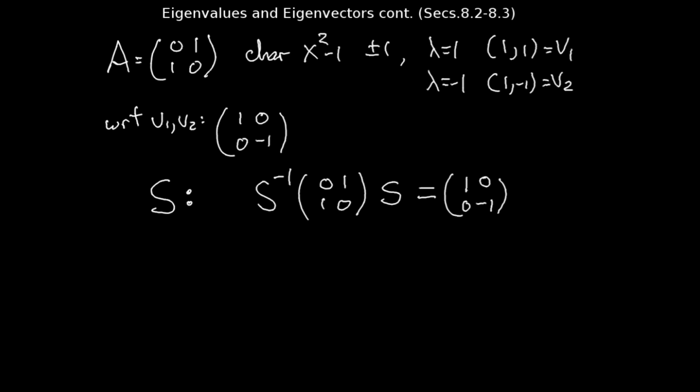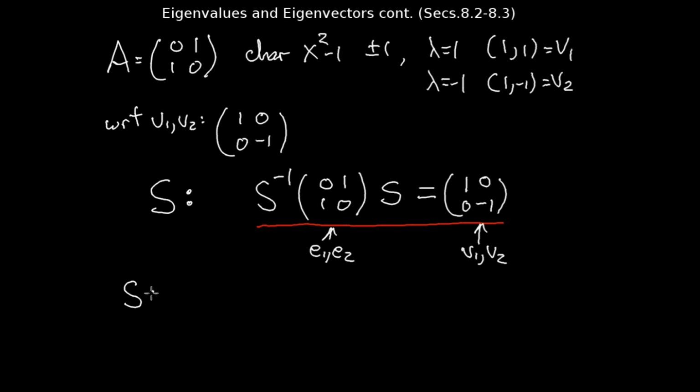So that's the claim, that you can find a 2 by 2 matrix S which has this interesting property. It's quite nice. What it does is it takes the matrix that you started with, which was the matrix of this operation with respect to the original basis e1 and e2, and it gives you the matrix with respect to this other basis v1, v2.